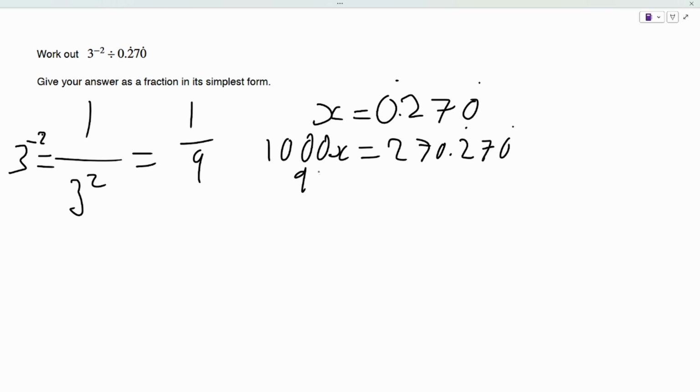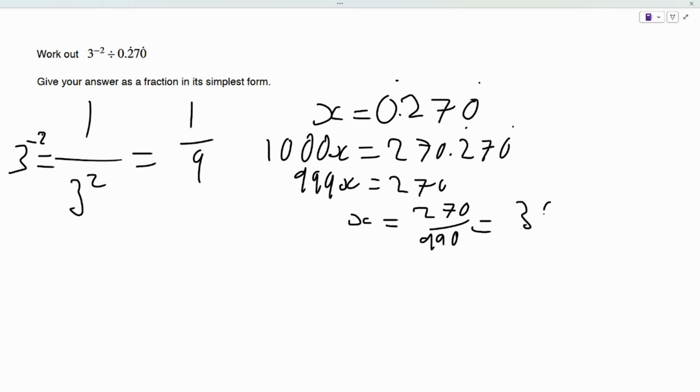So 999x equals 270. x equals 270 over 990, which is 30 over 111, I believe, which is then, divide that by 3, 10 over 37.